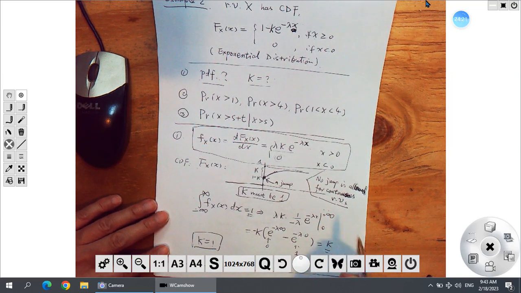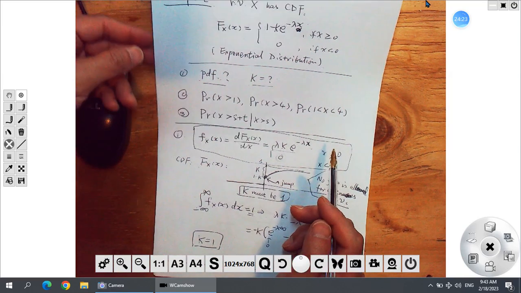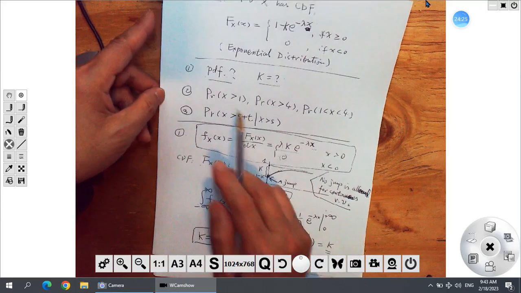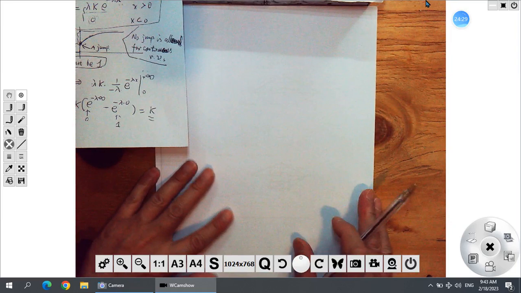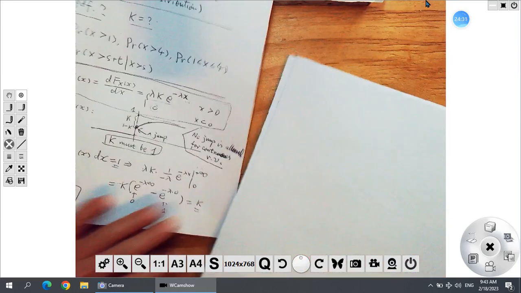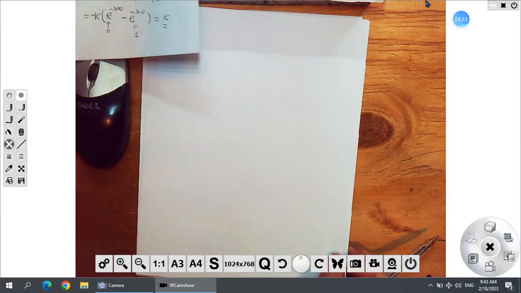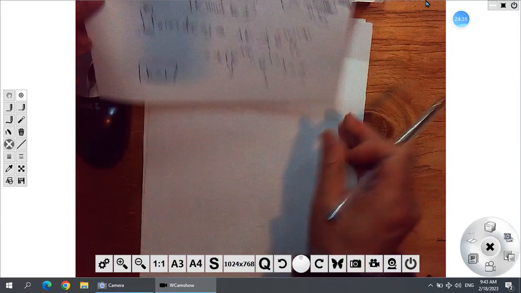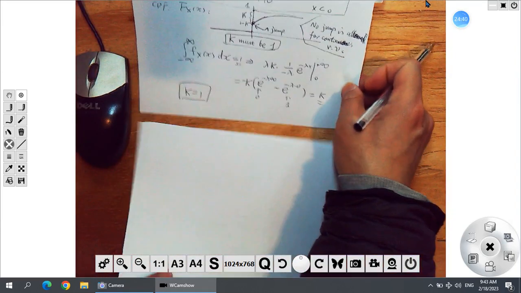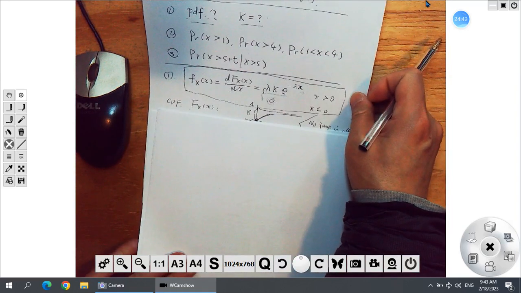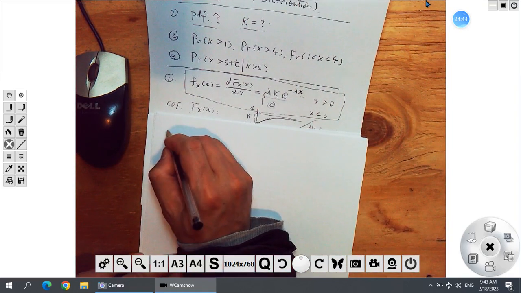After we have the PDF, then we can calculate those probabilities. Okay, second part.